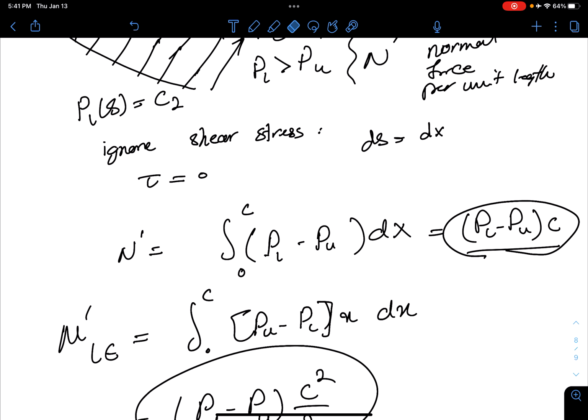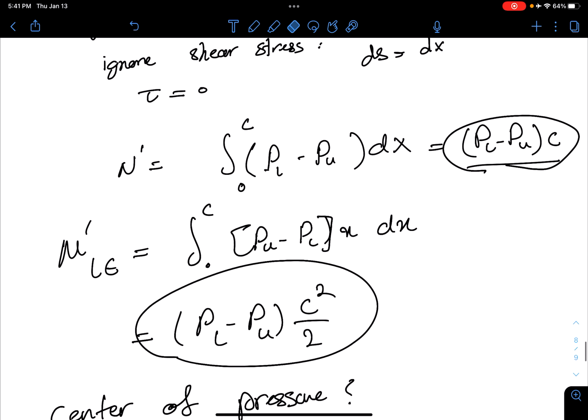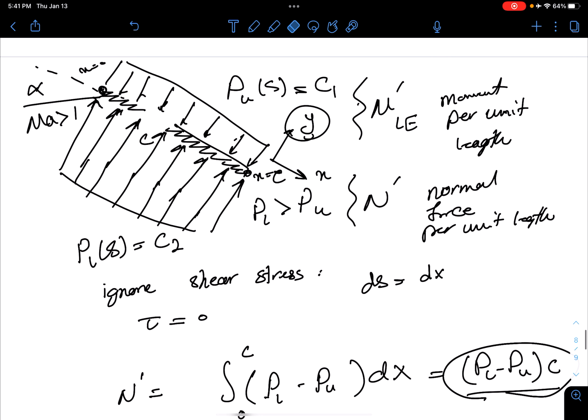But the idea is that moment should be equal to the moment that is generated by the forces. That is the moment at the leading edge, right? So if we put this force, we have to find the location, a specific location where the moment generated by the resultant normal force is equal to the moment at the leading edge. Does this make sense? Then that is the location of center of pressure.